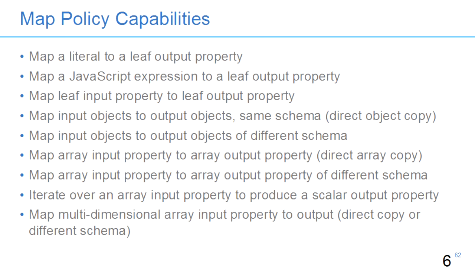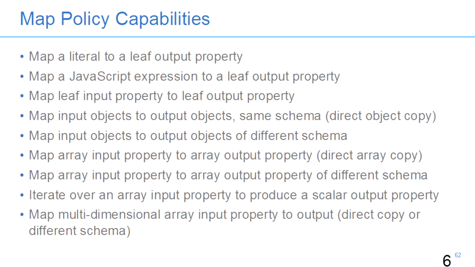You can map input objects to perhaps an output object of a different schema. Arrays, you can do direct array copies. You can do array copies where the elements of the array may have a different schema than what the source input schema was. You can iterate over array properties, and that could produce a scalar output.